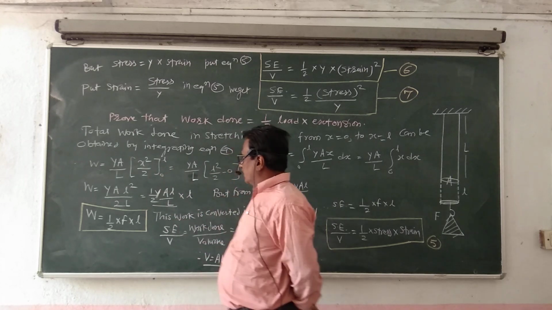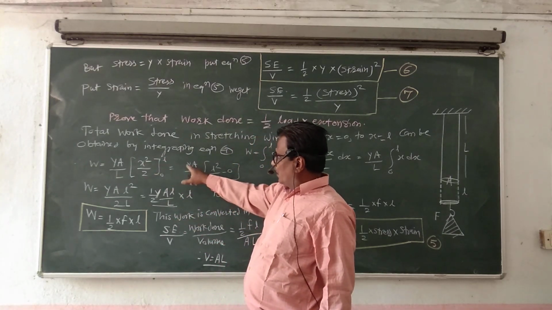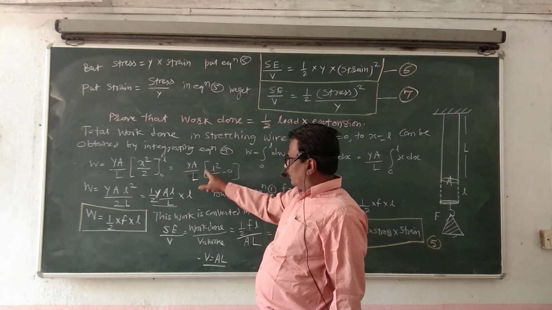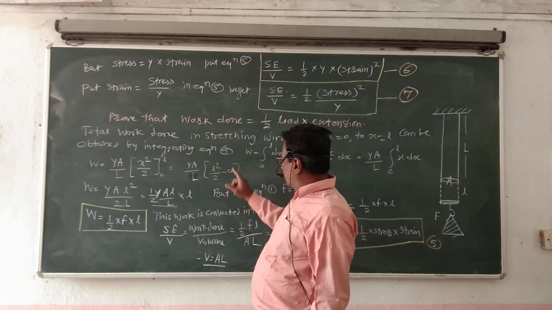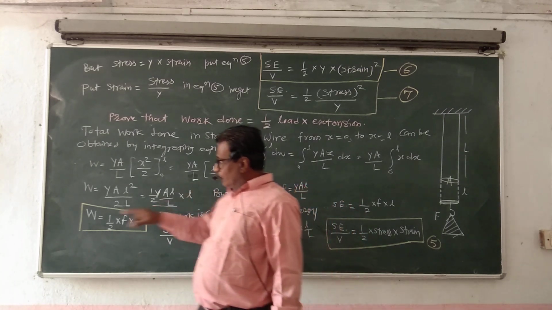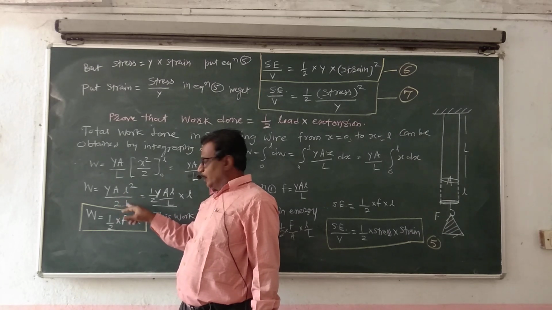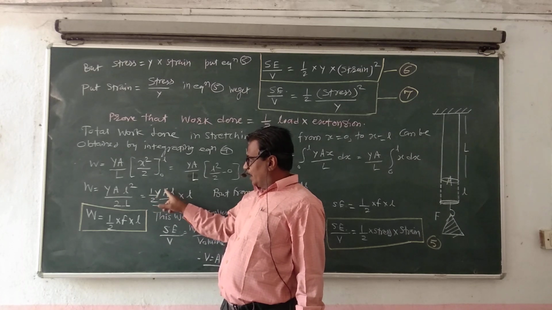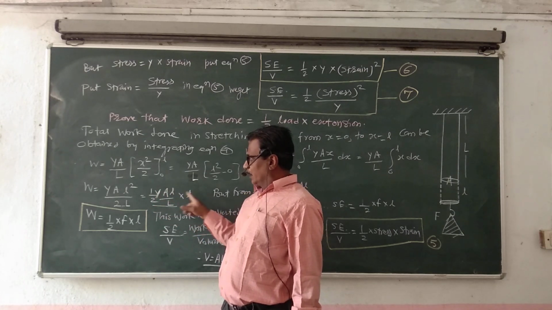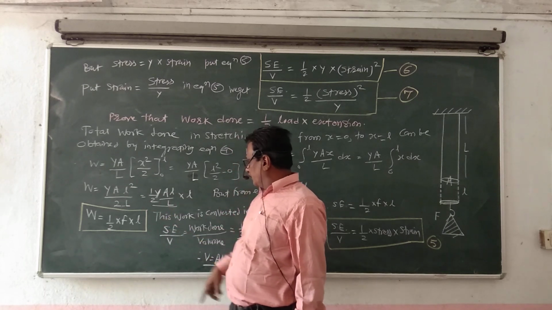When we substitute x equal to L, we get YA upon L into L square by 2 minus 0. So we got work done equal to YA L square divided by 2L. Now rearrange this term. We get 1 half YA l upon L into l.